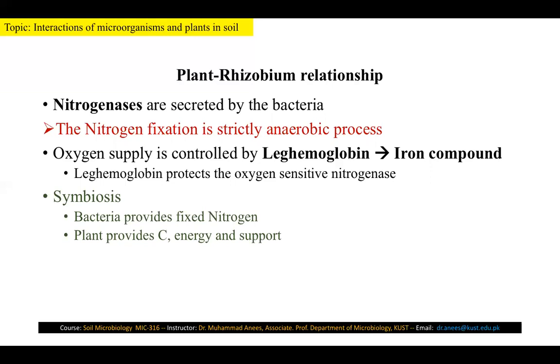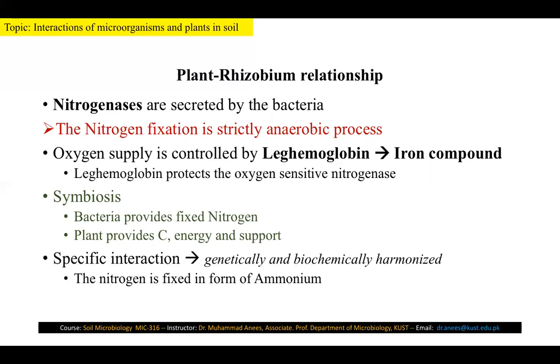As it is symbiosis, symbiosis means that both partners get benefit from each other. Bacteria provides something and plant provides something in return. So what does bacteria provide? Bacteria provides nitrogen that it fixes from the atmosphere inside the nodules. And in return, the plant provides carbon, energy, and support to the bacteria. As you have seen, this interaction is highly specific.